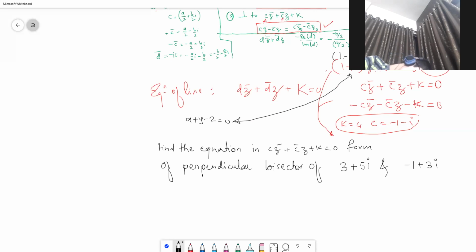But now we want these two guys to be conjugates of each other. Therefore, we absorb this minus sign inside. What we get is minus 1 plus i times z plus minus 1 minus i times z bar plus 4 is equal to 0. Now the coefficient of z bar is our c. This is c and this is c bar. Yes, they are conjugates of each other. Therefore, minus 1 minus i is c, and the constant term k is 4.